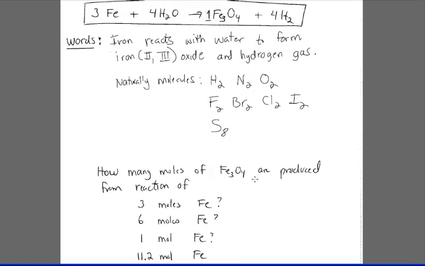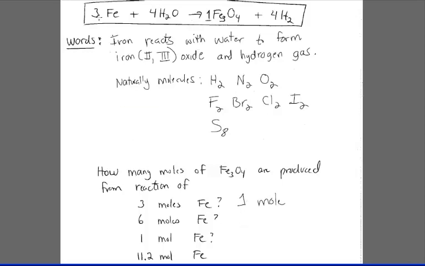Okay, so using that reaction equation above, let's talk about how many moles of this product, iron 2,3 oxide, are produced from a certain amount. Remember, there's the mole ratios. If you have 3 moles of iron, how much iron oxide? Well, 3 is in front of the iron already, so if it's 3 to 1, that means if you start with 3 moles of iron, you're going to get 1 mole of iron oxide.